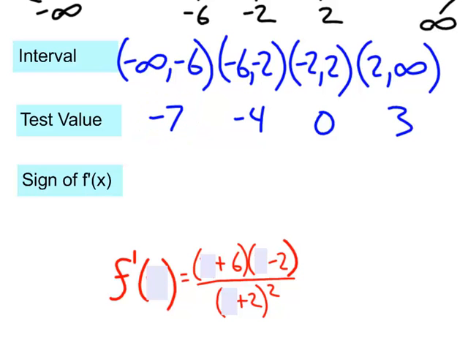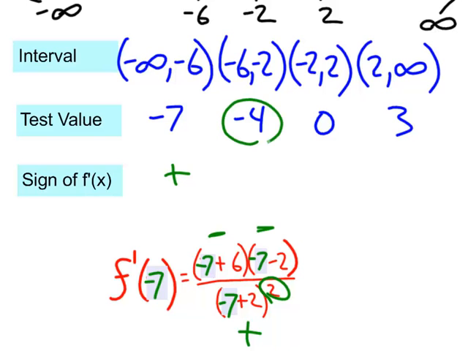So I try out the -7, and I'm going to get a negative number, another negative number, and since we're being squared down here, that's going to be positive. So negative times negative over positive will give me positive, right? Our next test value is going to be -4.